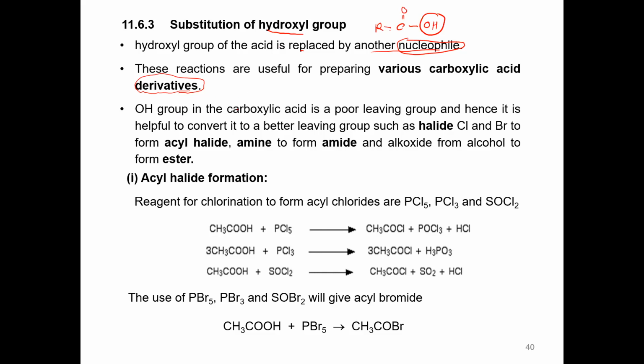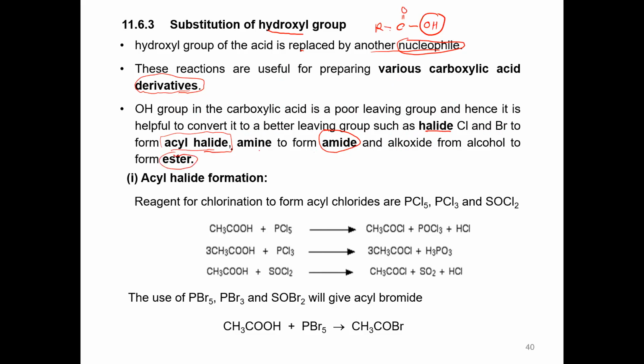So the OH group in the carboxylic acid is a poor leaving group, and hence it is helpful to convert it to a better leaving group such as halides, Cl and Br, to form acyl halide. So this is the carboxylic acid derivative. Amine to form amide, and alkoxide from alcohol to form ester.